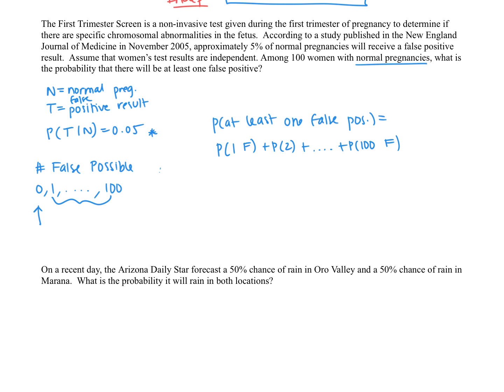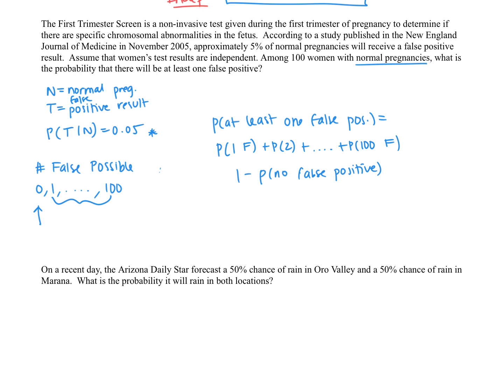This is the complement. That case is 0. So instead of doing 1 to 100, I'm going to find the probability of no false positives and subtract it from 1 because it's the complement. If I find this case and subtract from 1, I'm going to get all the rest of them.